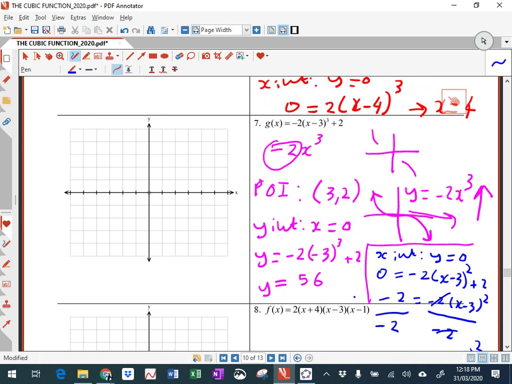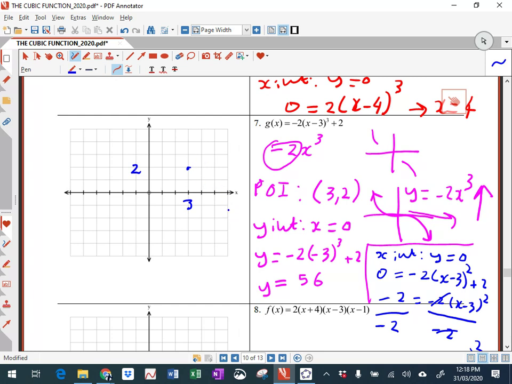Let's not overcomplicate this. I'm just going to plot my point of inflection first. So 1, 2, 3, 2. So there's 3, and here's 2. So my point of inflection is going to be there. Okay. Now, y-intercept is pretty high. That's true. So it's going to be hard to show on this. It's not going to be exactly to scale, but that's okay.